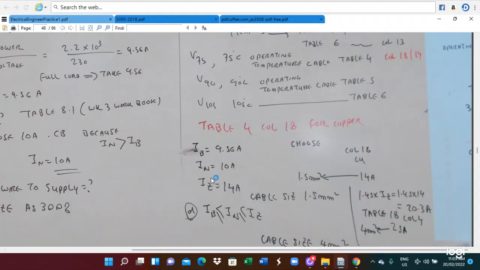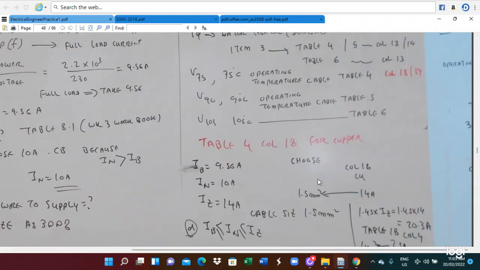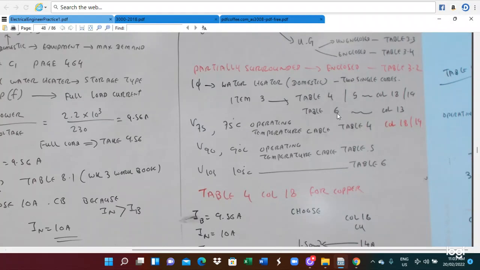So IZ is 40 ampere, IN is 10 ampere, IB is 9.65. So this is the way we determine the cable size. Later, guys, I will talk about AS3008.